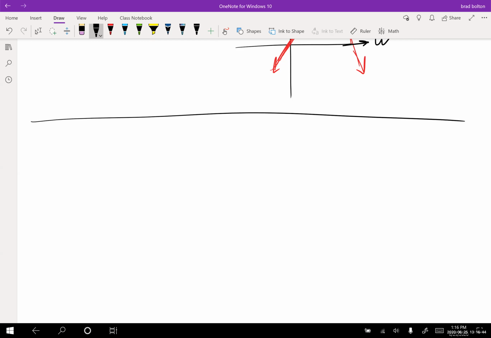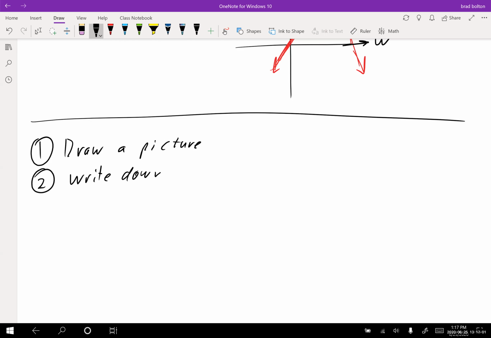So basically what we normally do is we draw a picture. Okay, write down the info that is given.